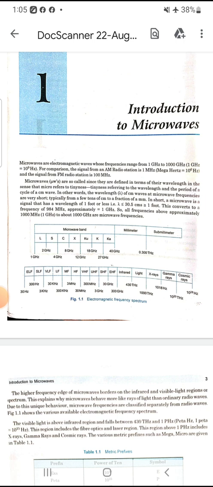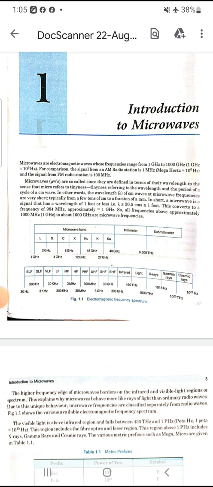In our last lecture, we discussed that frequency and wavelength are always in inverse proportion. So, if frequency goes on increasing, its wavelength always goes on decreasing. Now, here you are observing different bands of the electromagnetic spectrum.